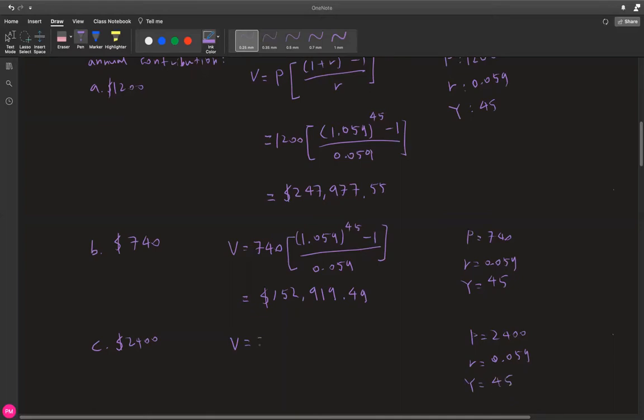By simply plugging in, we're only changing this value and everything else actually stays the same. 1.059 to the power of 45 minus 1, divided by 0.059.